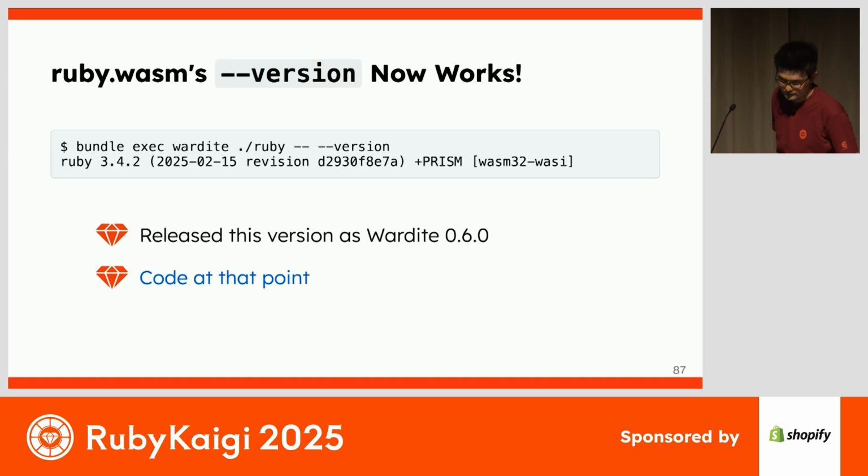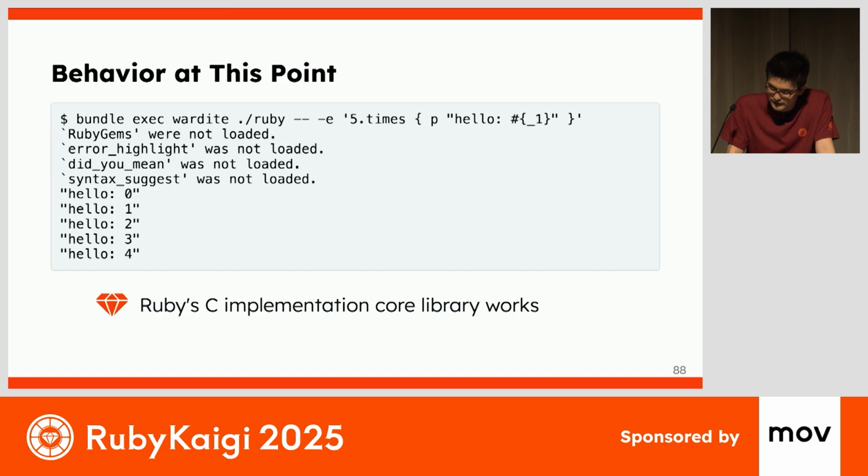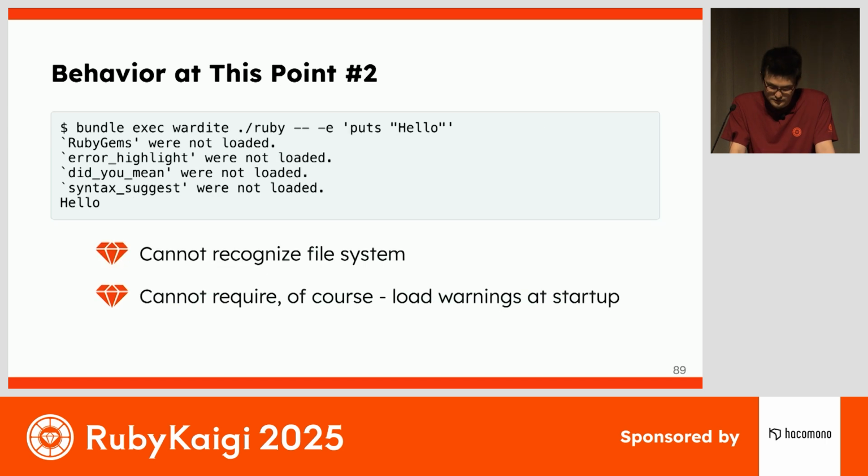After some of these functionalities were implemented, the ruby.wasm version option started working. At this stage, Ruby's embedded core library worked, so things like integer times can run correctly. So nice.